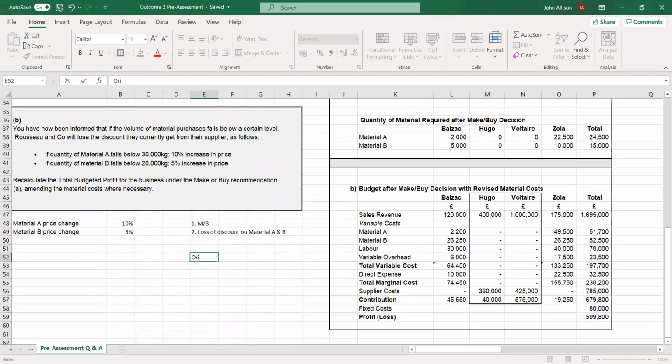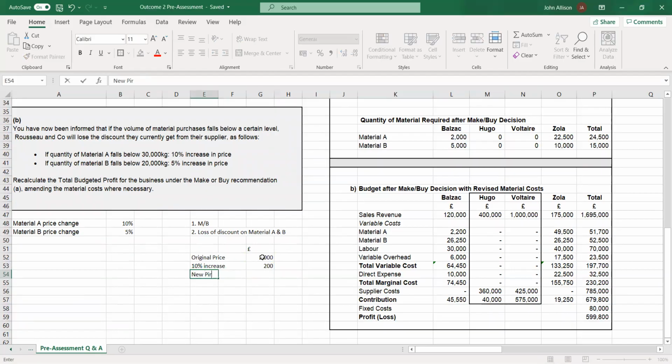So you can calculate it the slow way, which will be: the original price was £2,000. It then increases by 10%. So we get a 10% increase, which will be 10% multiplied by 2,000, which will give us 200.